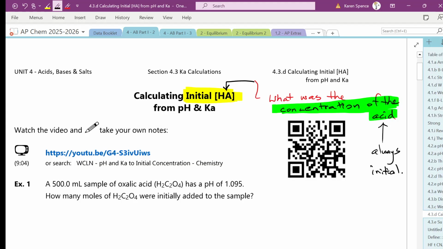So nobody's going to be like, what is the equilibrium concentration of the acid? It's so not a thing, it doesn't even get referred to that way. It's always the initial concentration. So if you're asked for the concentration of the acid, it is never the equilibrium concentration.